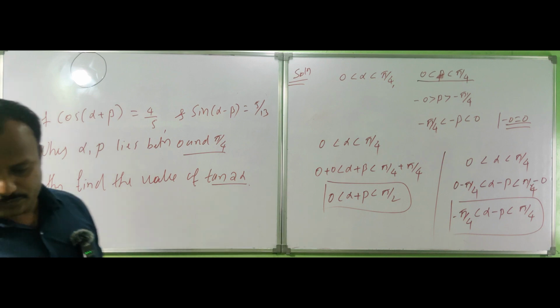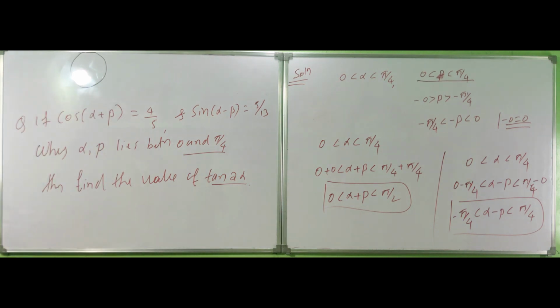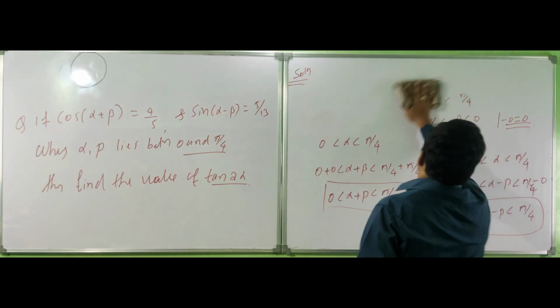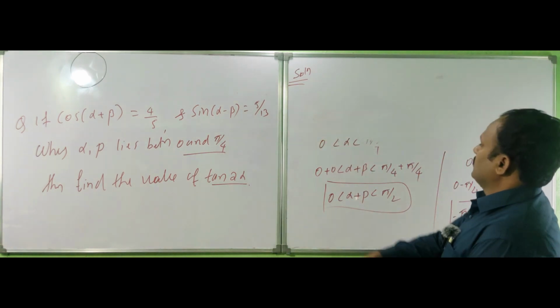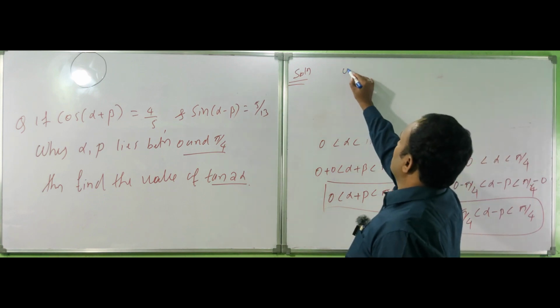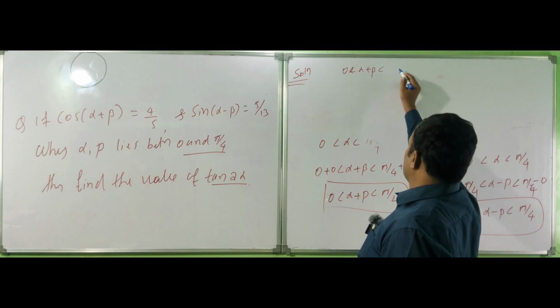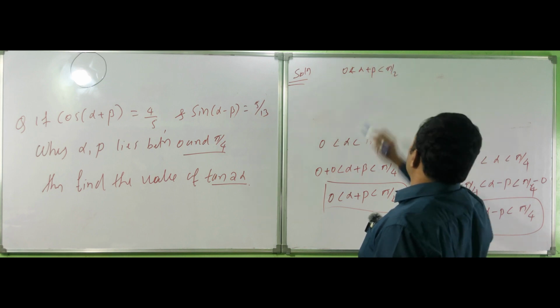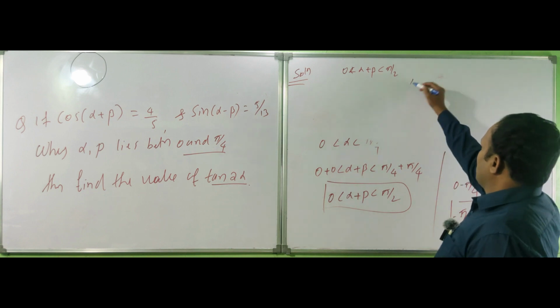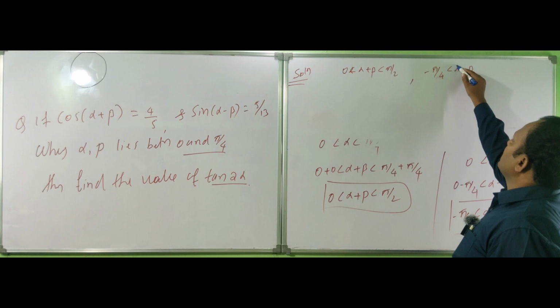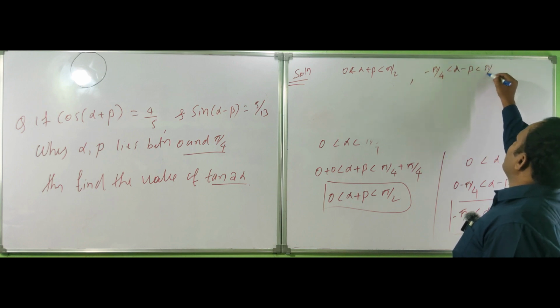What do we want right now? We should find the remaining values. I am writing the conditions on the upper side: 0 is less than alpha plus beta less than pi by 2, and minus pi by 4 is less than alpha minus beta less than pi by 4.